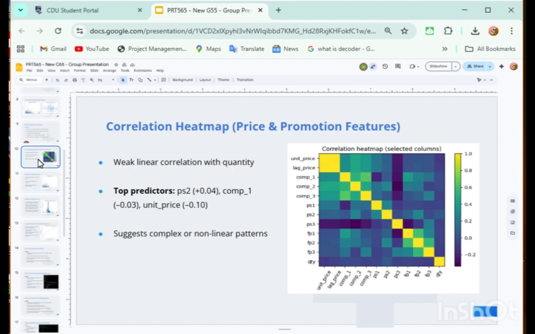The values mostly fell between minus 0.10 and positive 0.04. This tells us that a simple single feature analysis will not be enough. The true predictive power must lie in non-linear interactions and more complex modeling techniques, which validate our decisions to use both tree-based models and deep learning.